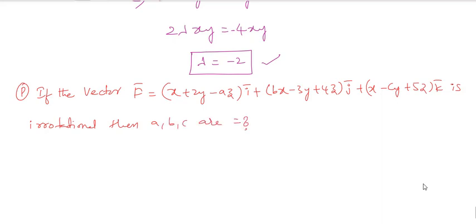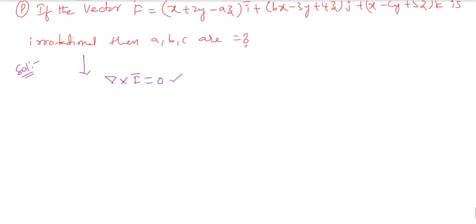Same strategy. Irrotational means del cross f bar, that is curl, is equal to 0. So calculate the curl and make it equal to 0.